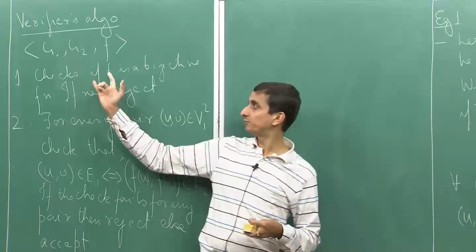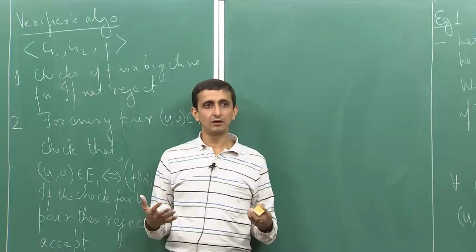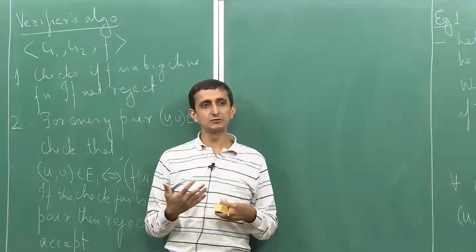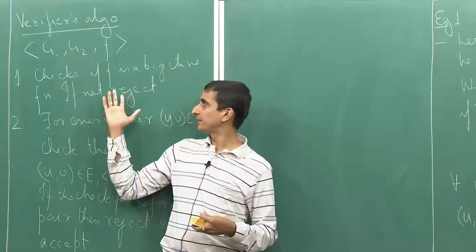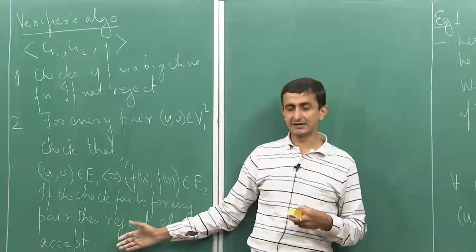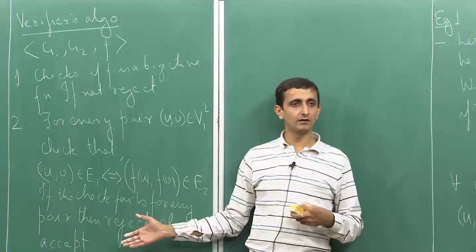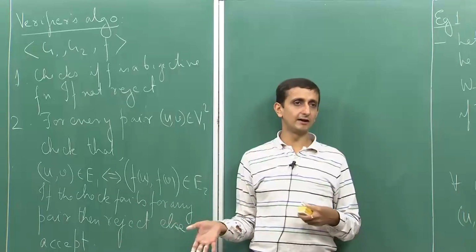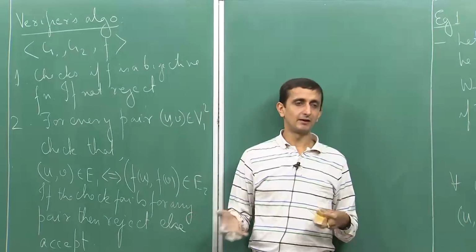On the other hand, if G1 and G2 are not isomorphic, no matter what function you choose, either it will not be a bijective function, or even if it is a bijective function, it will not satisfy the second step. Okay. Somewhere in the second step it would end up rejecting, no matter what function you choose.